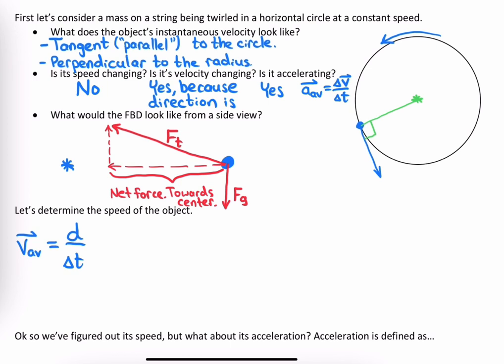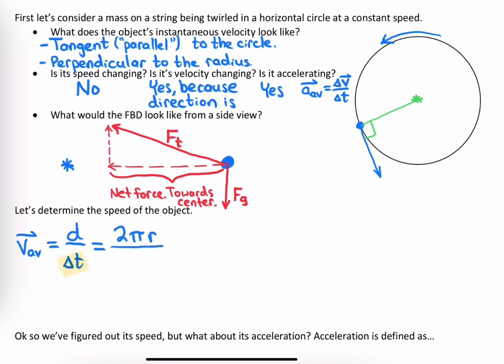If it goes once around a circle, then the distance is going to be the perimeter of the circle, also called the circumference, which can be calculated with the formula 2 times pi times r, or pi times the diameter, because diameter is 2r. So 2 pi r is the distance it would travel if we let it go around the circle once.